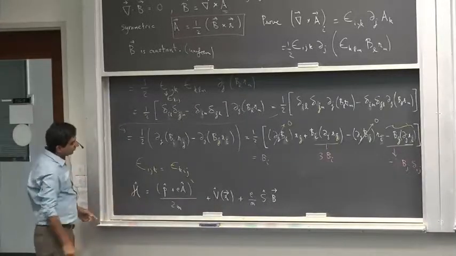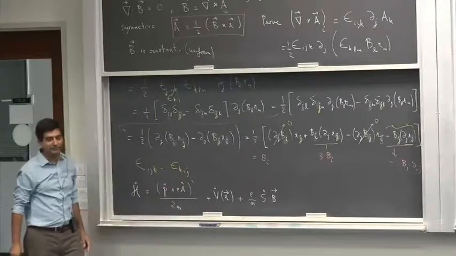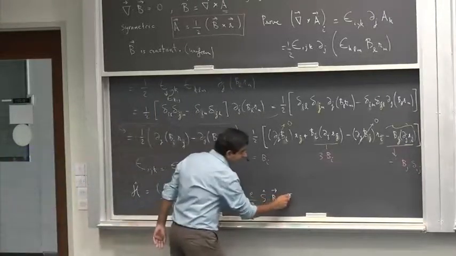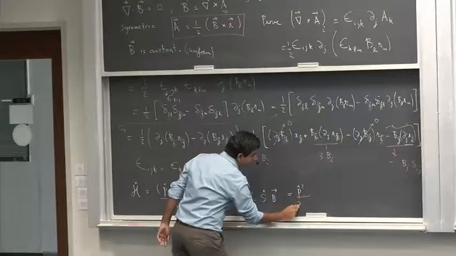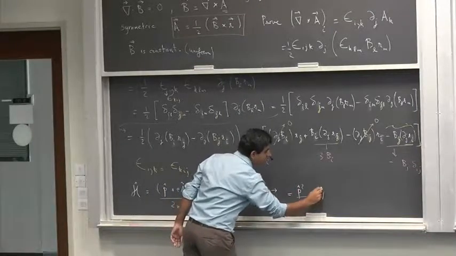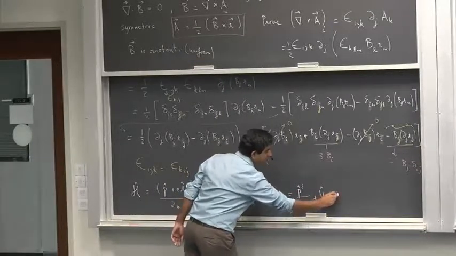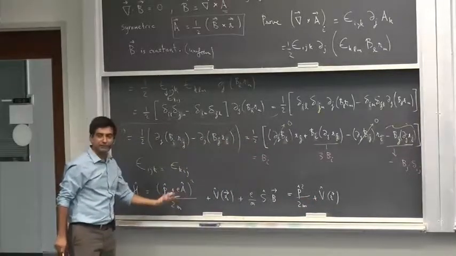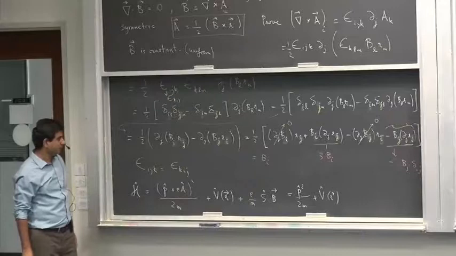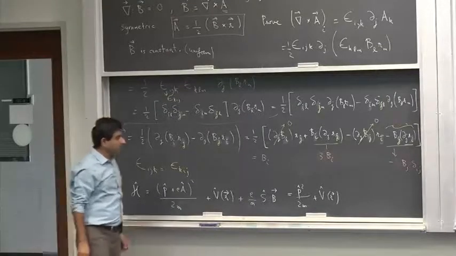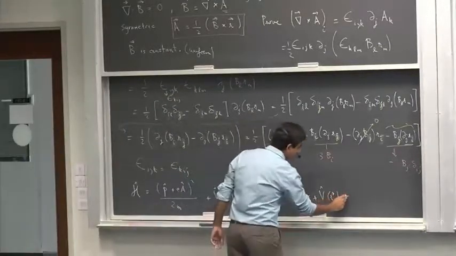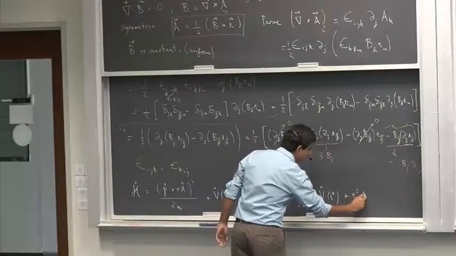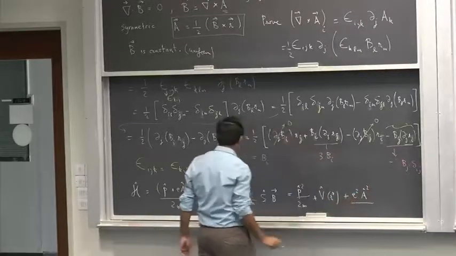Now if you look at this Hamiltonian, I have to expand this. When I expand this, I get P squared over 2m plus V(R), plus the square of this, which is e squared over 2m A squared.